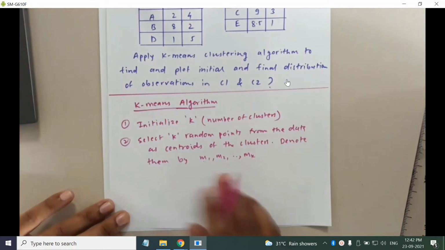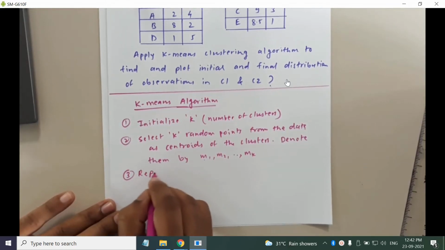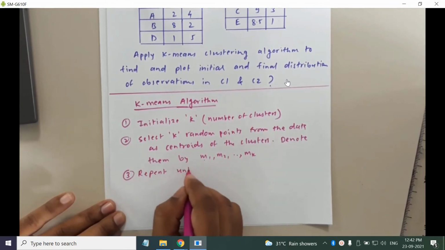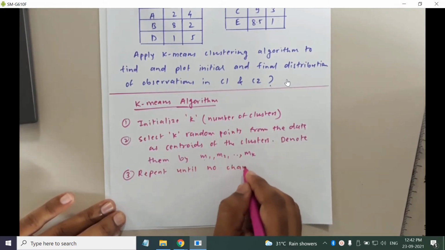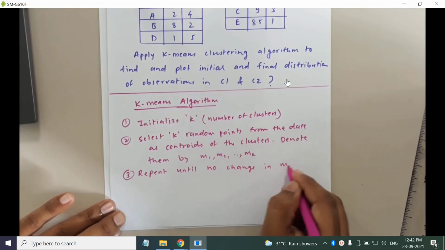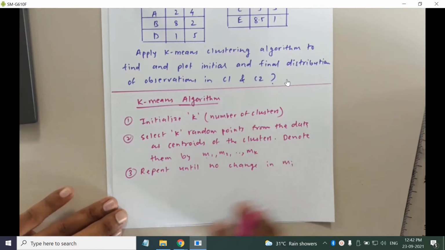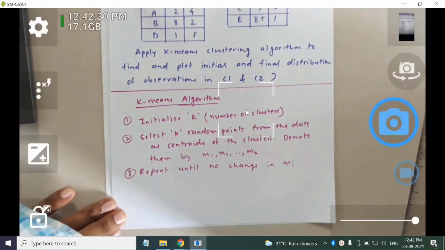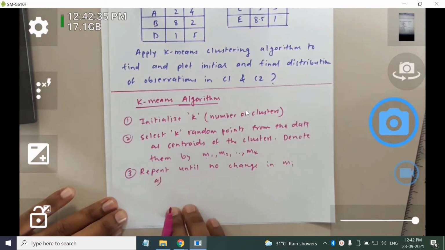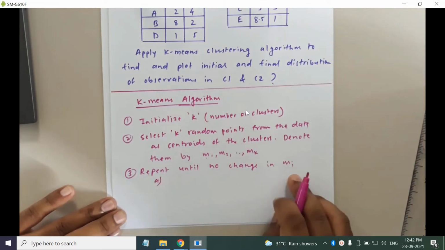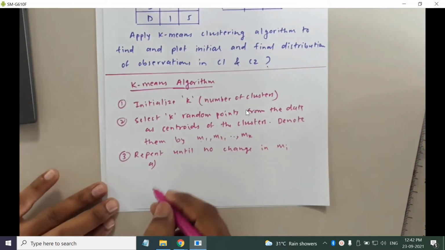Then next, repeat until no change in mi. If your mean doesn't change, then you stop. Repeat the following steps until there is no change in mi. Means if there is no change in clusters, then we will stop.